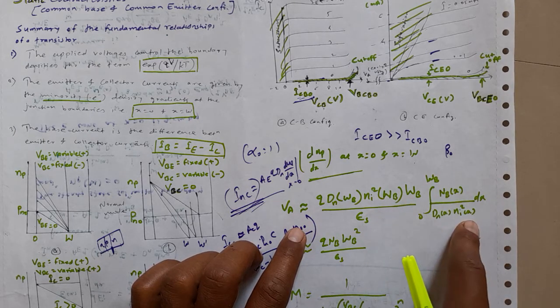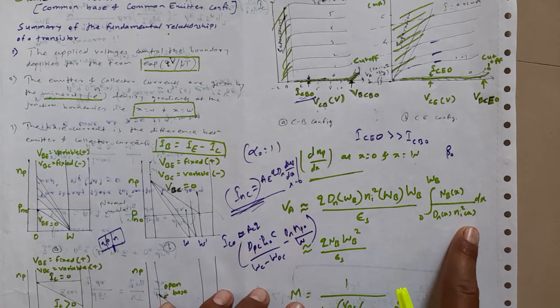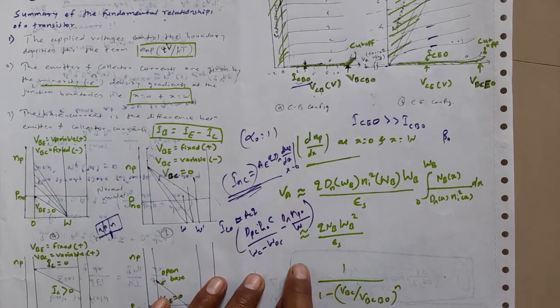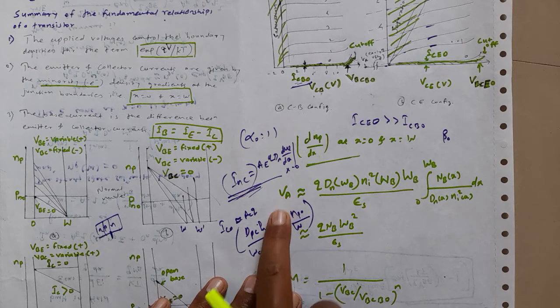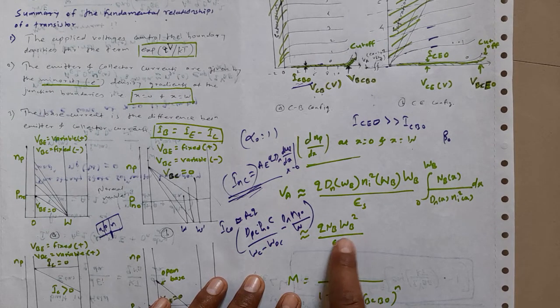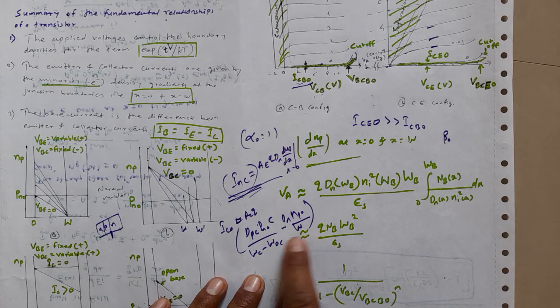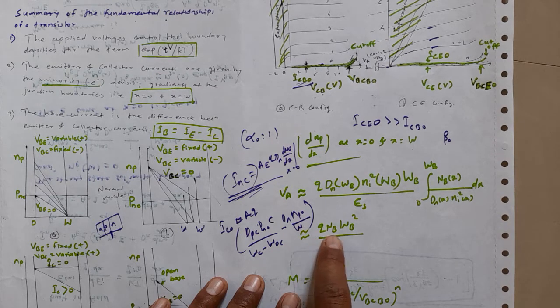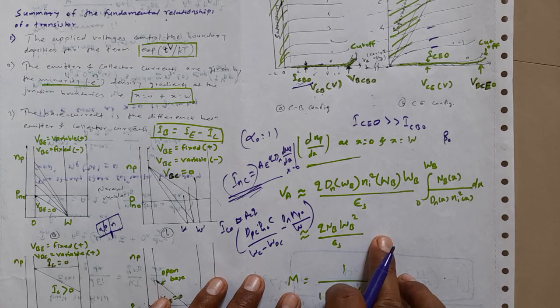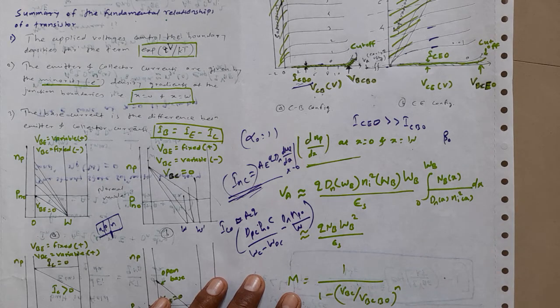The integration results in the early voltage being directly proportional to q NB and WB square, and inversely proportional to epsilon s. This is the case for the uniform base with a smaller base width.